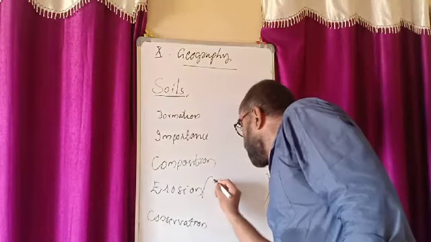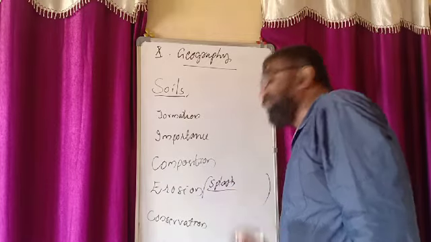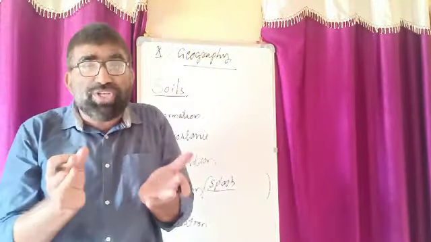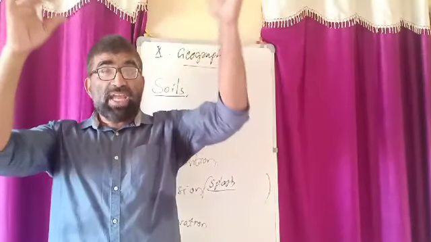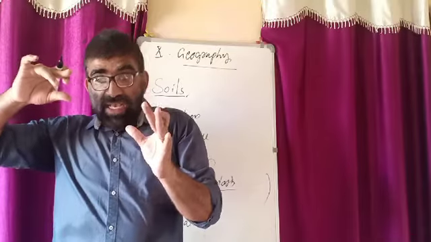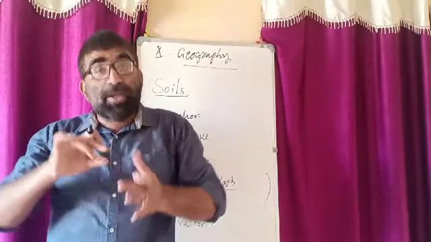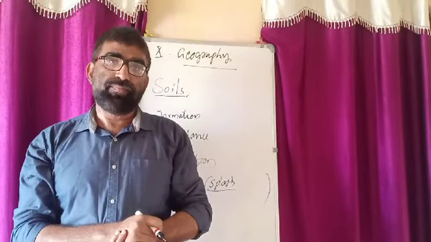The first form of erosion is known as splash erosion. In splash erosion, what happens? The heavy drops of water or hailstones destroy the soil, pulverizing it.